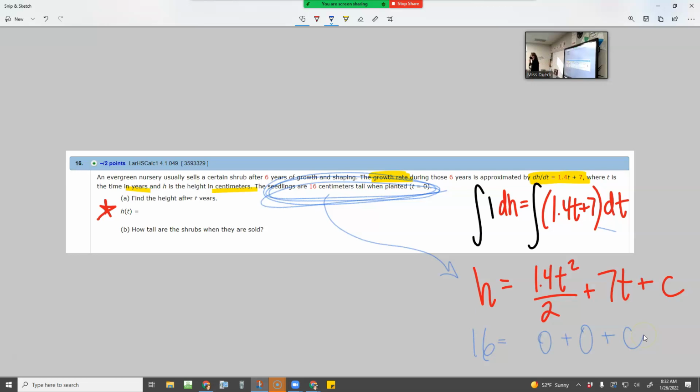Hey guys, be careful. Right here, be careful. Right here, you might be like, C is always the number they give me. Depends. It's usually the number they give you if they give you the initial, because zeros usually make zeros, right? Like plugging in a 0, plugging in a 0, those all went away.